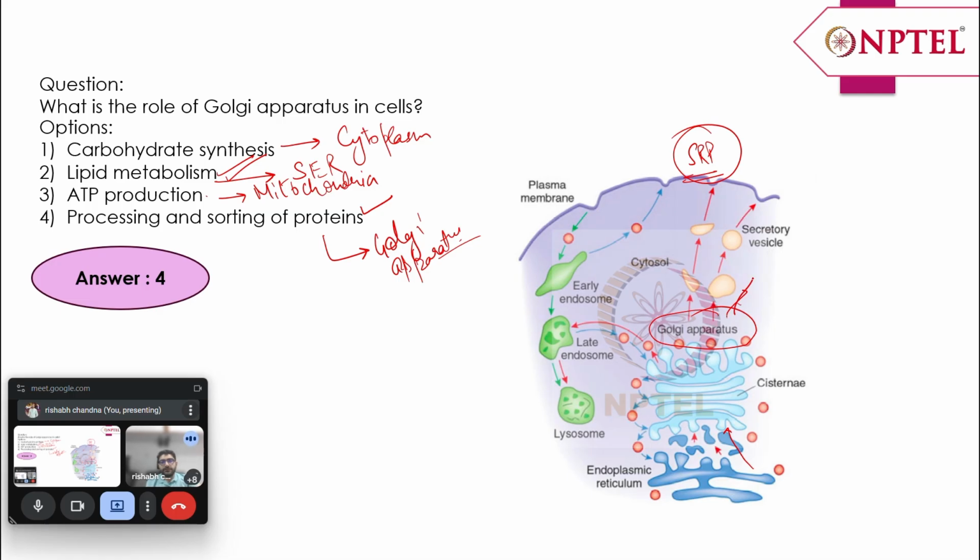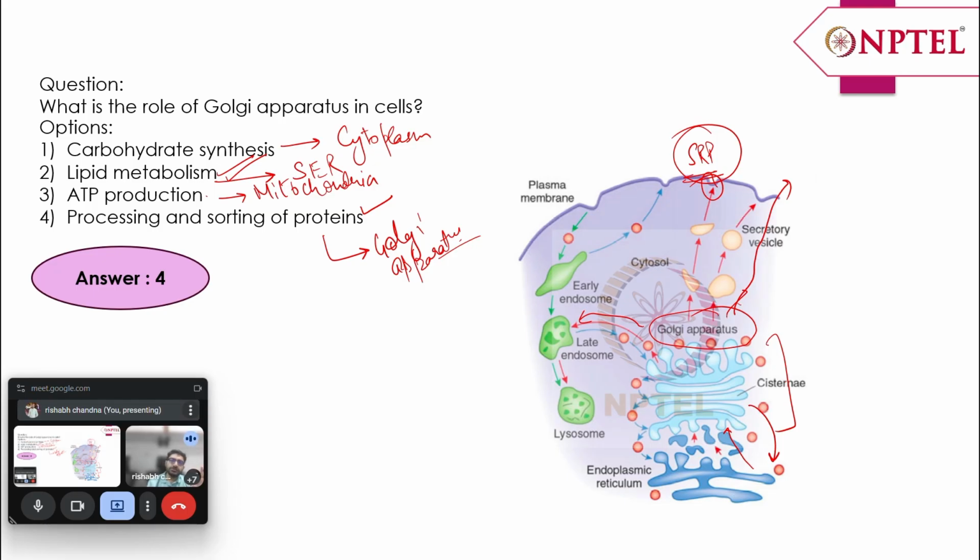For example, if it's secretory, then it will move to the outside. If it's on the plasma membrane, it will be attached to a vesicle that will merge with the plasma membrane. Or if it needs to be present on the lysosome or the endosome, then it will move in that way. Or if it needs to be moved back to the endoplasmic reticulum. So the sorting of the proteins is basically done by the Golgi apparatus only.